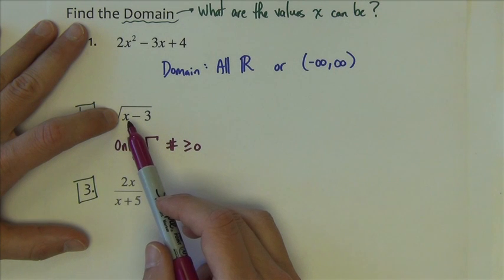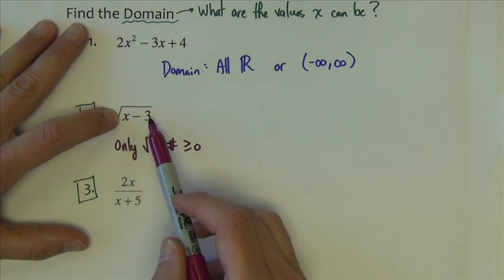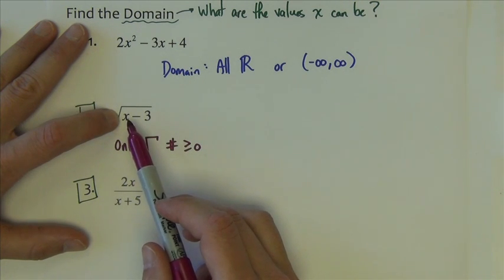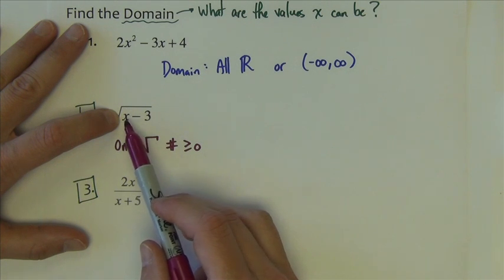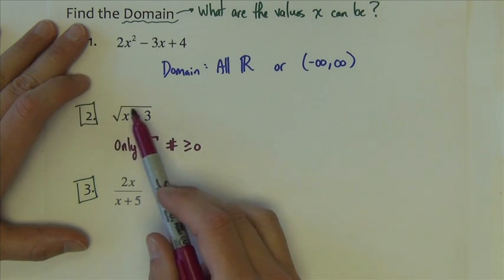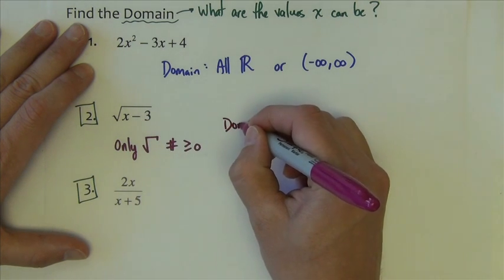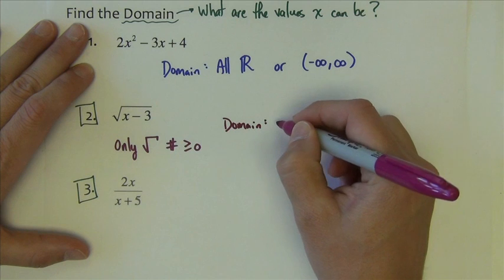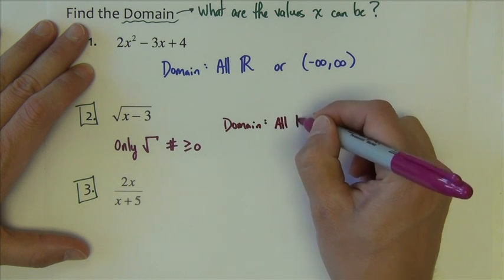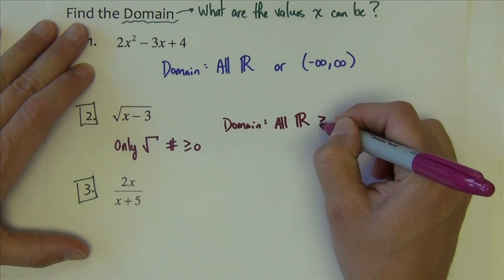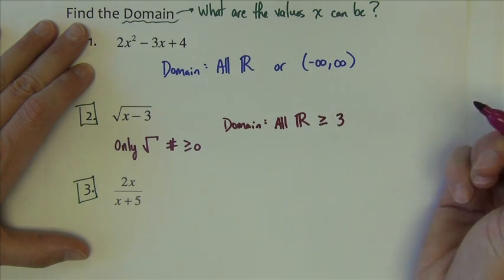Then x can be anything bigger than 3. Say x was 4. 4 minus 3 is 1. I can take the square root of 1. X can't be anything smaller than 3, though. Say x is 2. I get 2 minus 3, that's negative 1. We can't square root negative 1. So my domain is all real numbers greater than or equal to 3.